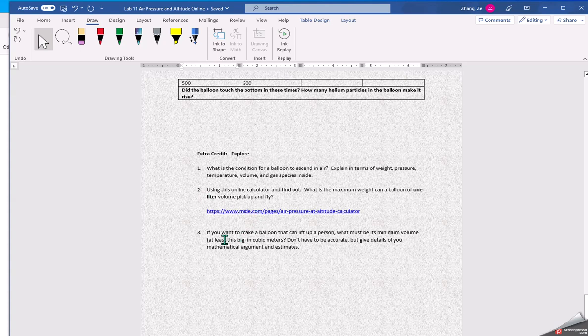And if you want to make a balloon that can lift a person, what must be its minimum volume? So you must have a bigger balloon. To do the calculation, this question is more involved, and if you're interested, we can have a discussion.